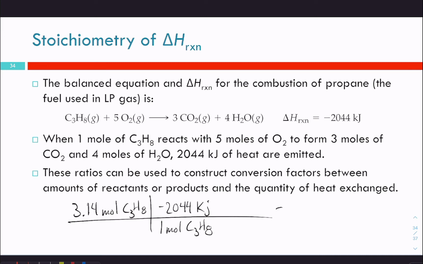So we'll get a negative 6,418. Well, I'm not going to worry about sig figs for now. Kilojoules of heat.